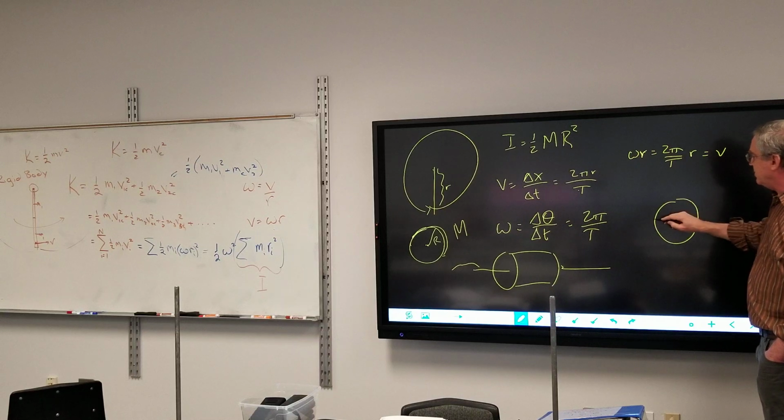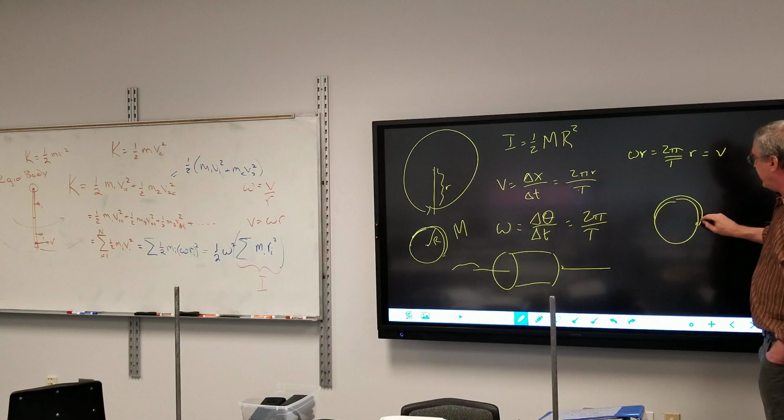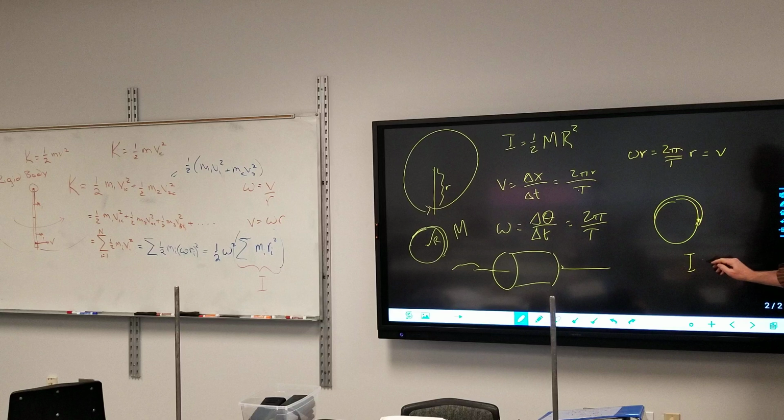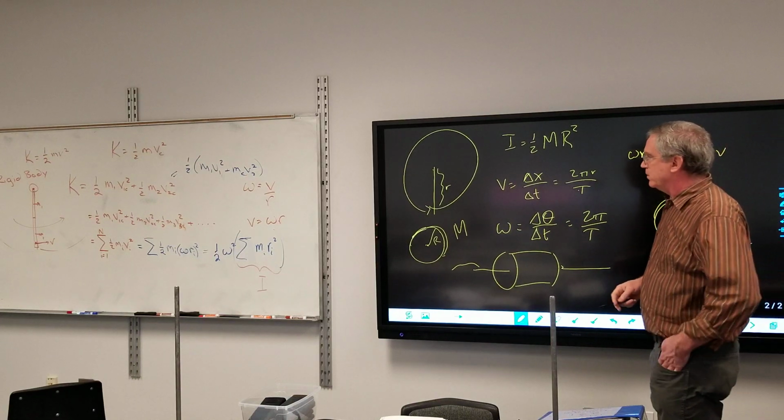If I take that same disk and rotate it about an axis here, I'm going to have a different one. This will be 3/2 m r squared. Now, how I got this, we'll have to wait till Thursday.